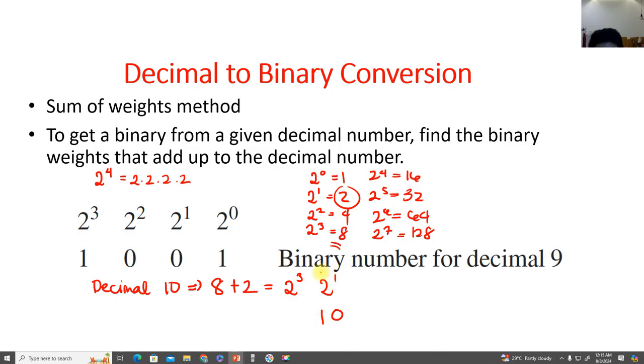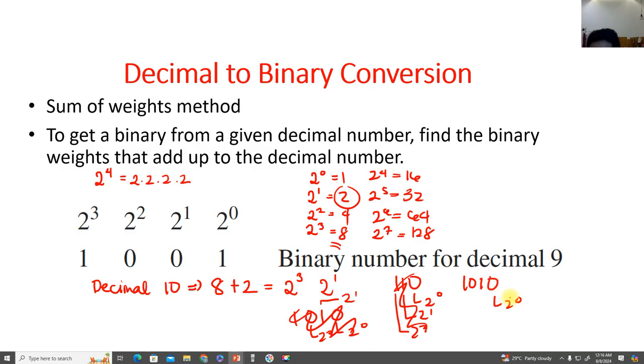You have the 2 raised to 0, 2 raised to 1, 2 raised to 2, and then 2 raised to 3.